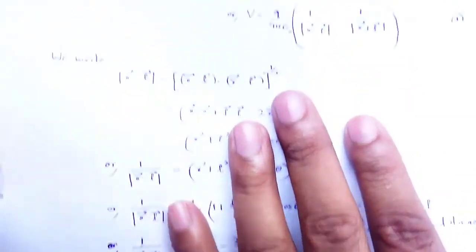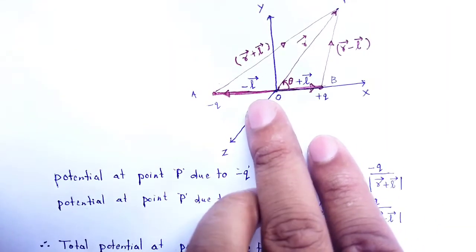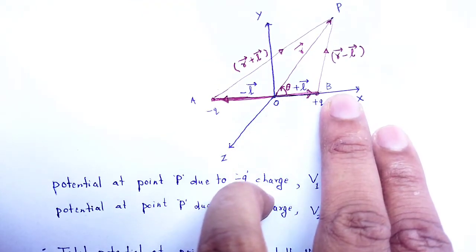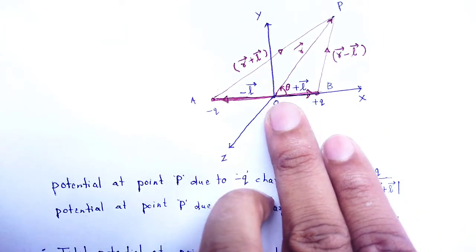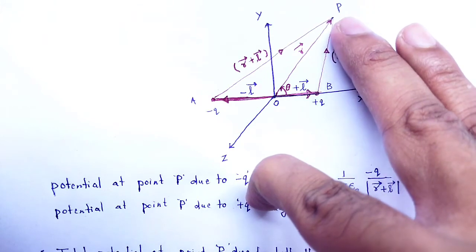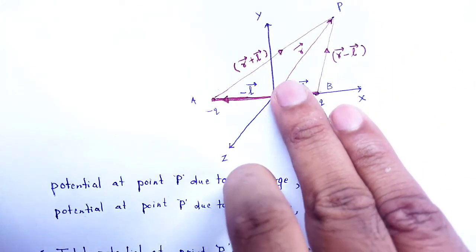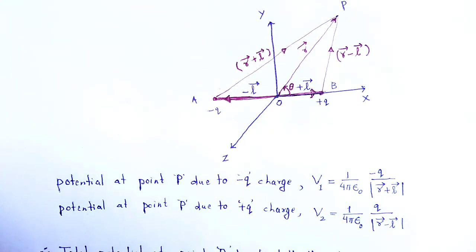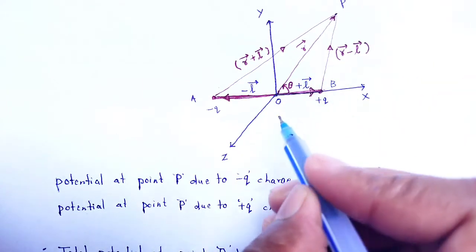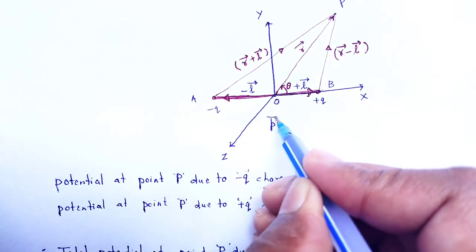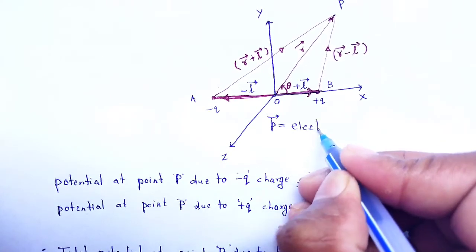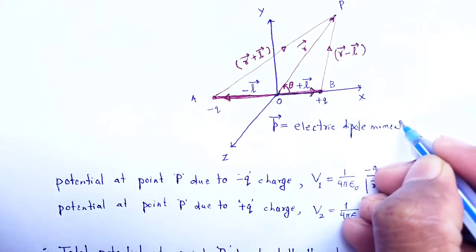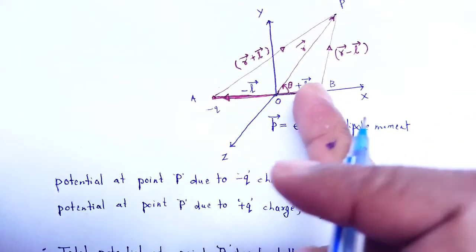Let us consider an electric dipole that lies along the positive x axis with its midpoint at origin, and let the position vector r vector of the point P make an angle theta with the electric dipole moment P. P is the electric dipole moment, where P vector is the electric dipole moment, and the direction of P is from negative to positive.